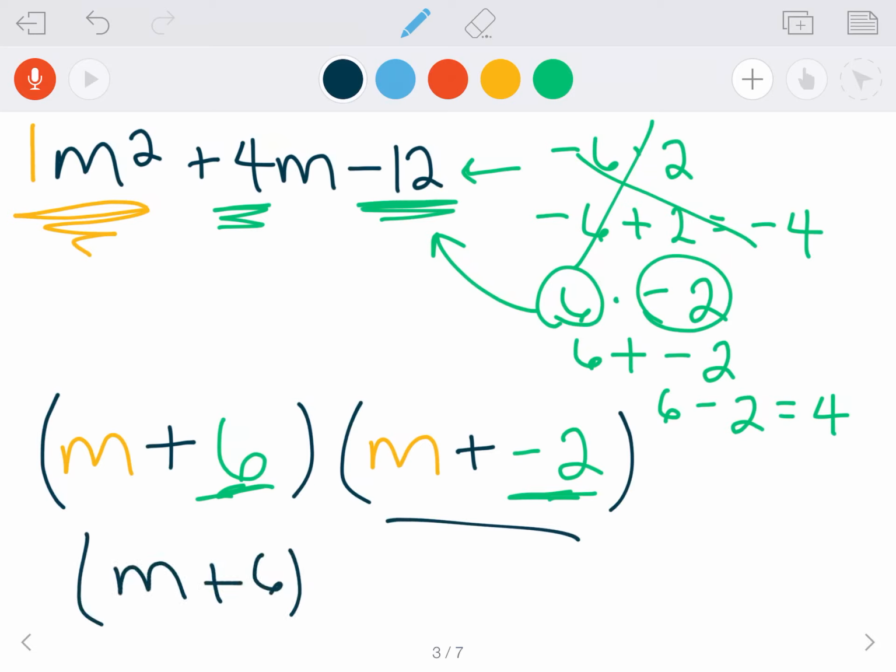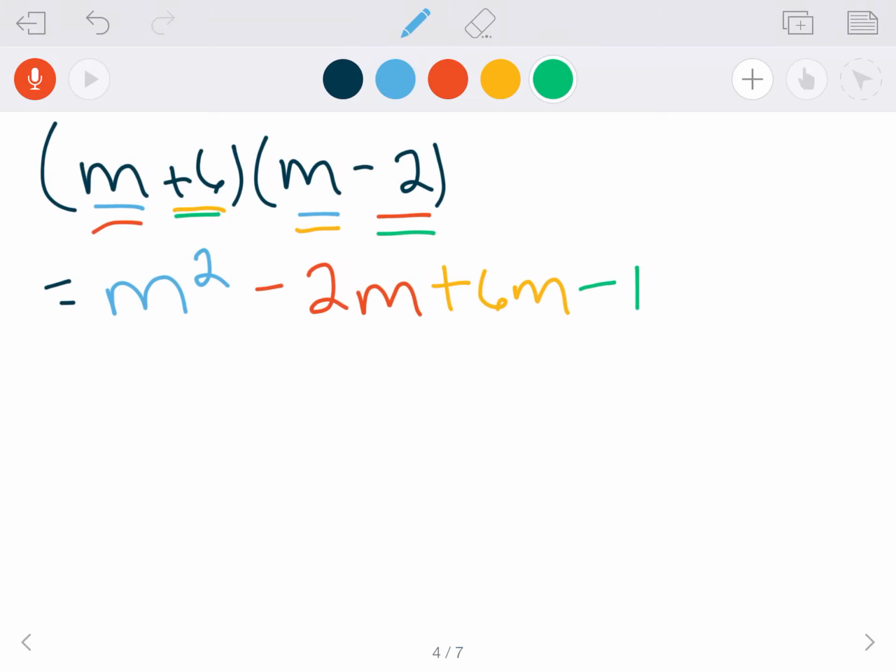The outer terms are m and negative 2, so m times negative 2 is negative 2m. The inner terms are positive 6 and positive m, so 6 times m is 6m. And the last terms are positive 6 and negative 2, so positive 6 times negative 2 is negative 12.